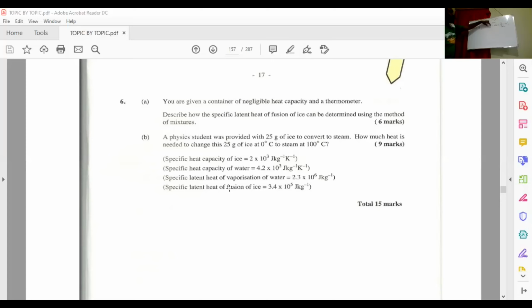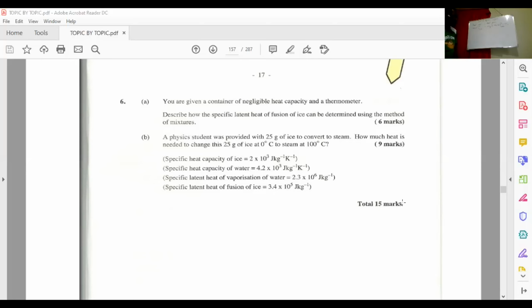The ice melts to liquid or water, and that temperature has to now change to reach 100 degrees before it starts to vaporize. So do we understand this equation before we move on? Yes, do we understand this before I take it?